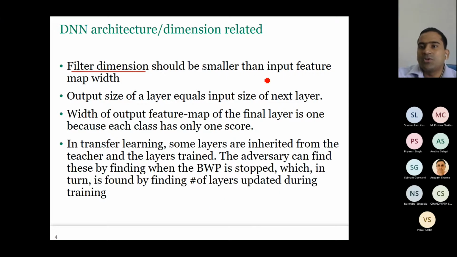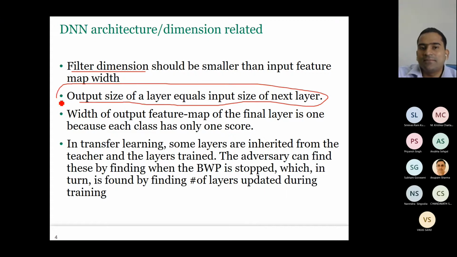We all know that the filter dimension should be smaller than the input feature map. For example, if your image is 224 cross 224, usually your filter will not be larger than your image. Filter sizes are usually 3 cross 3, 5 cross 5, 7 cross 7, or maybe 11 cross 11, but your image sizes are much larger, maybe at least 28 by 28 or 224 by 224. Also, the output size of one layer equals the input size of the next layer.